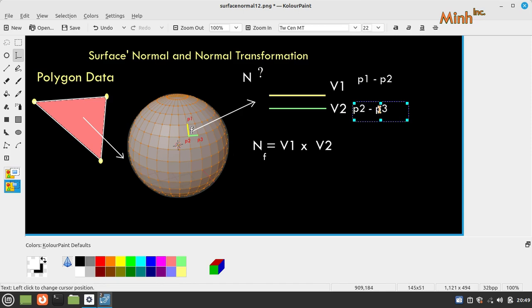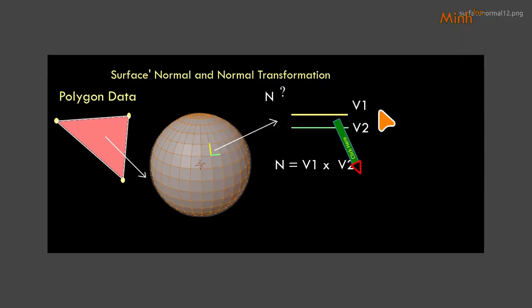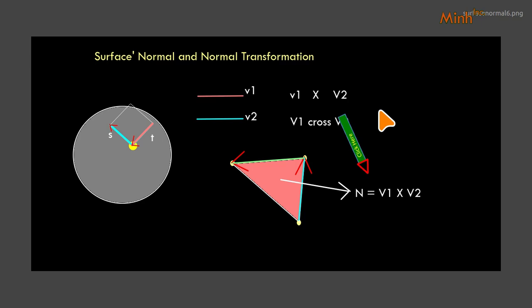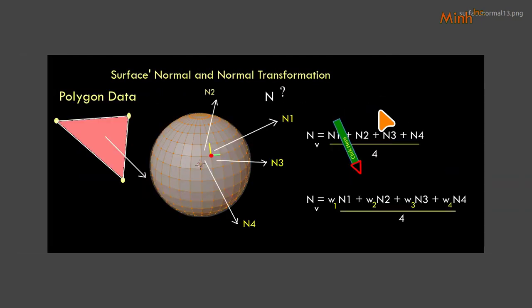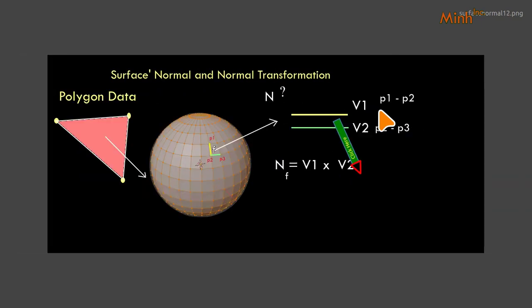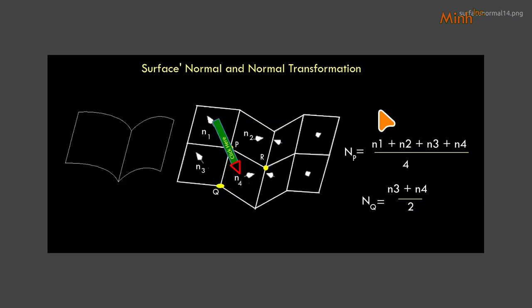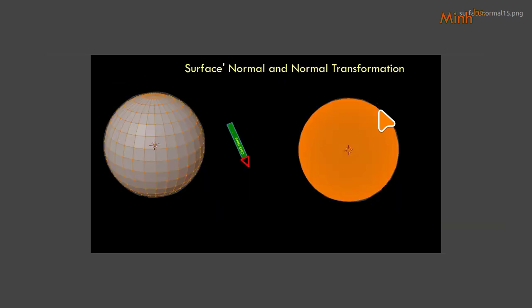This is the way we calculate the vectors, and then we do cross. Everywhere cross is there, here also we did cross. So we have to find the surface, and the cross of the surface is the normal, and then smoothing we can do through averaging, and then we can reach like this.